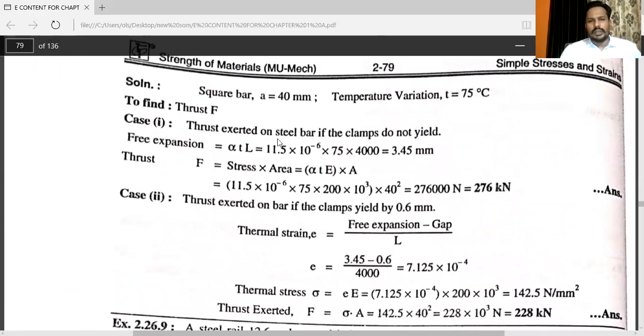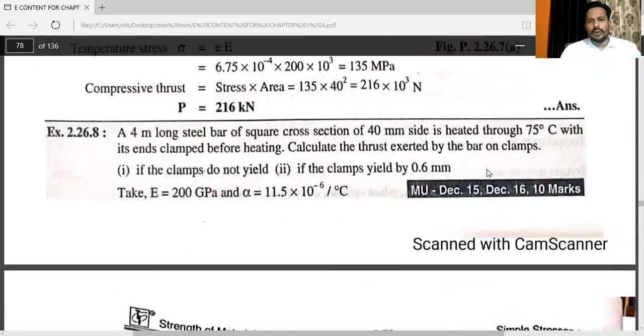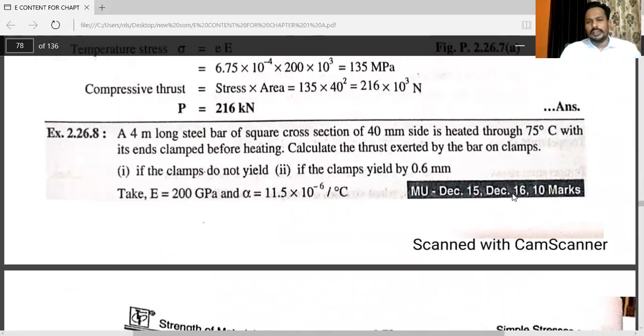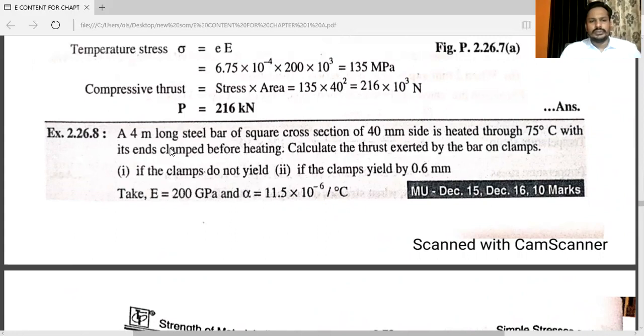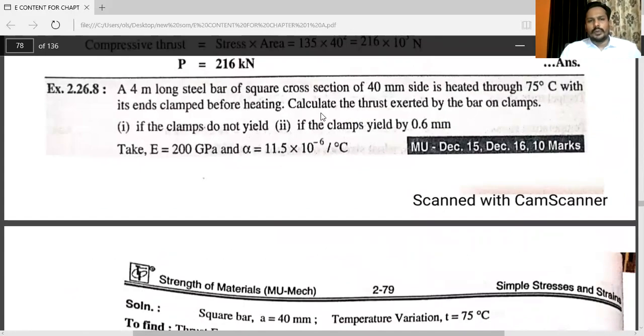See, a similar problem is here from December 15, December 16 for 10 marks. A 4-meter long steel bar of a square cross section of 40 mm side is heated through 75 degrees Celsius with the ends clamped before heating.